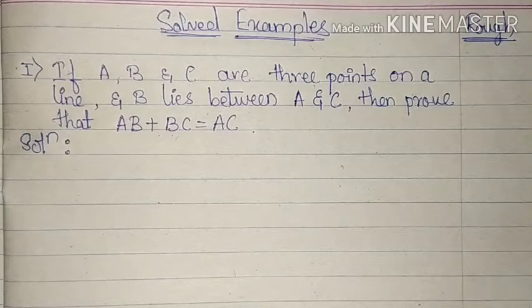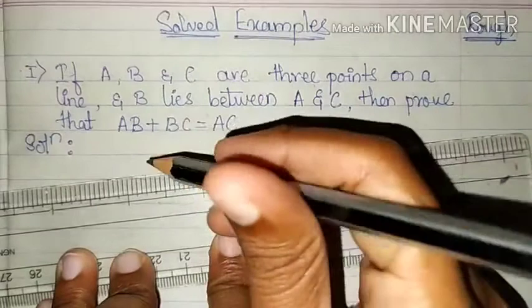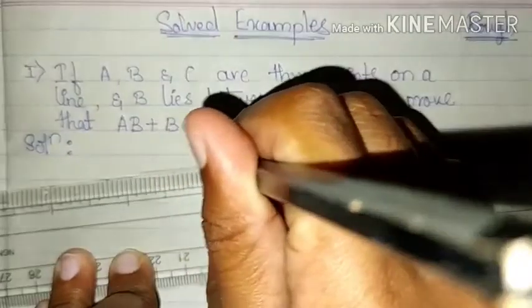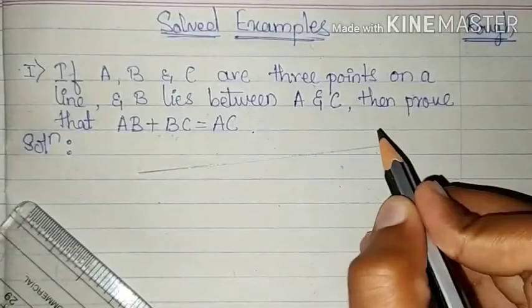In this question, let us look at what is given. They have told us that there are 3 points A, B and C lying on a straight line. So first let us draw it. So this is our straight line.